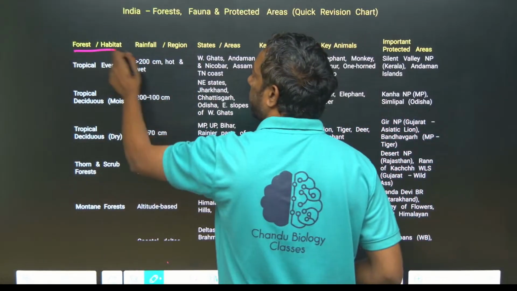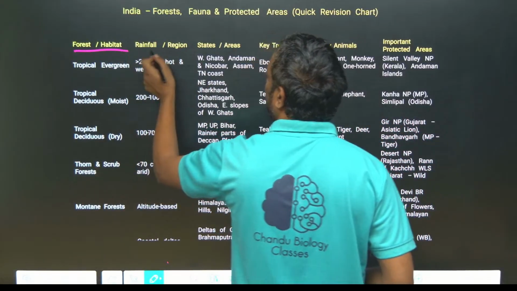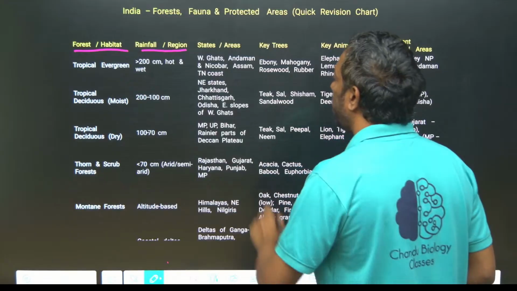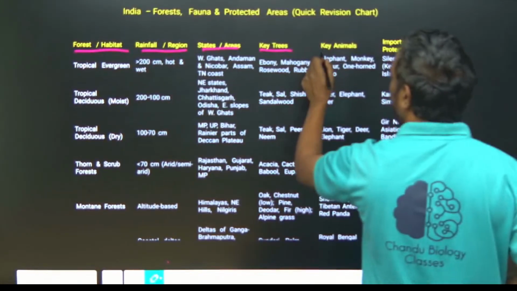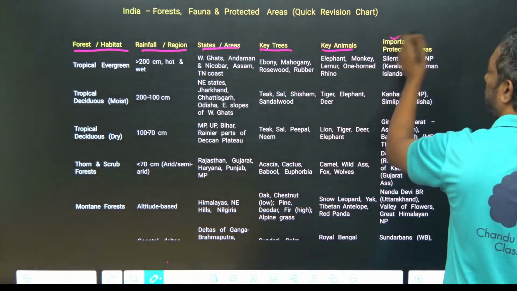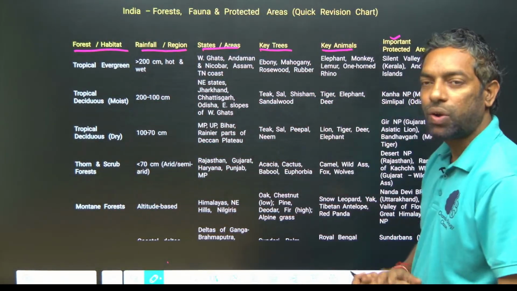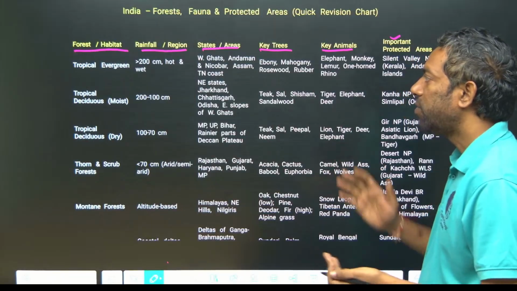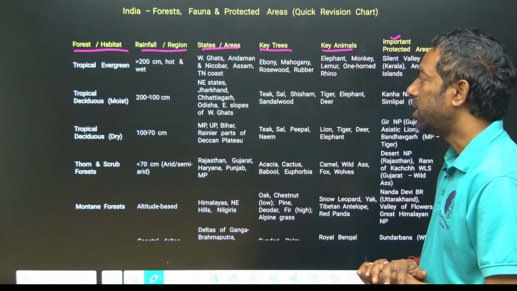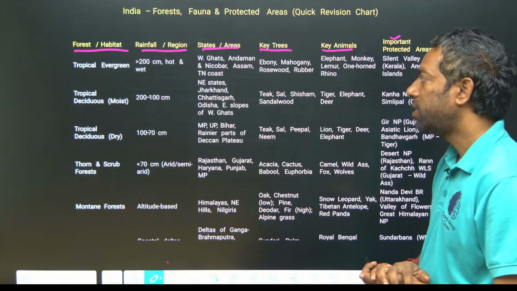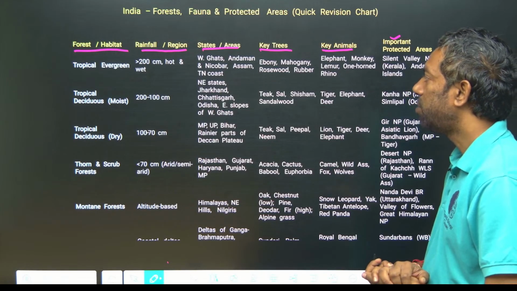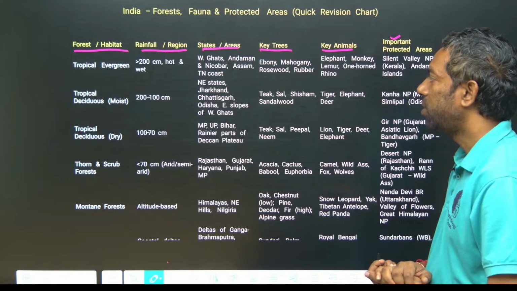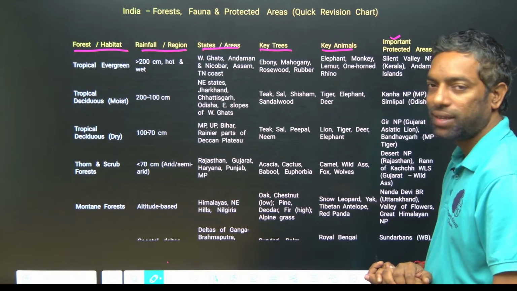Here is the forest type, the rainfall, the states, key trees, animal types and important protected areas. Tropical evergreen forest: greater than 200 centimeters of rain, rainforest, hot and wet conditions, mostly Western Ghats, Andaman and Nicobar, Assam, Tamil Nadu and northeastern states.